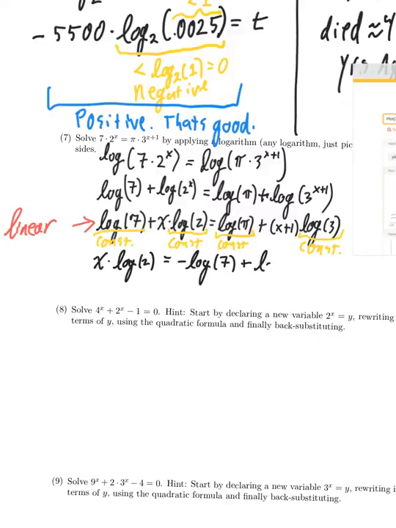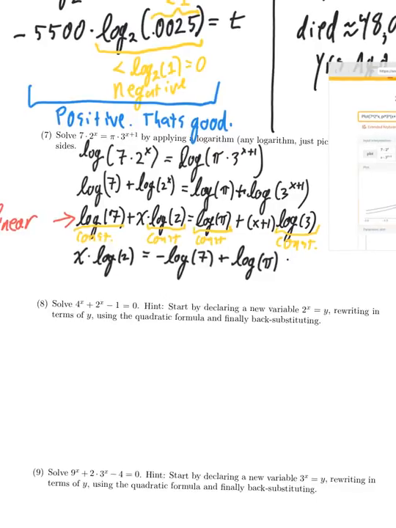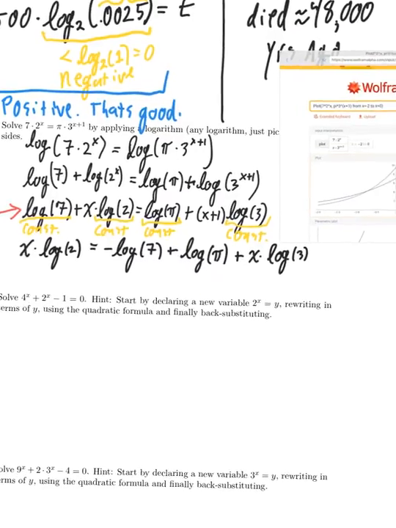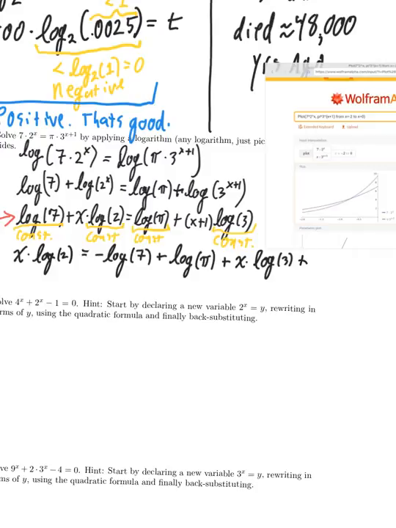There was already on the right-hand side the log of pi. And maybe I'll distribute the log of 3 over the x plus 1. So log of 3 times x plus log of 3 times 1. All right, so I see a piece right here that has an x.